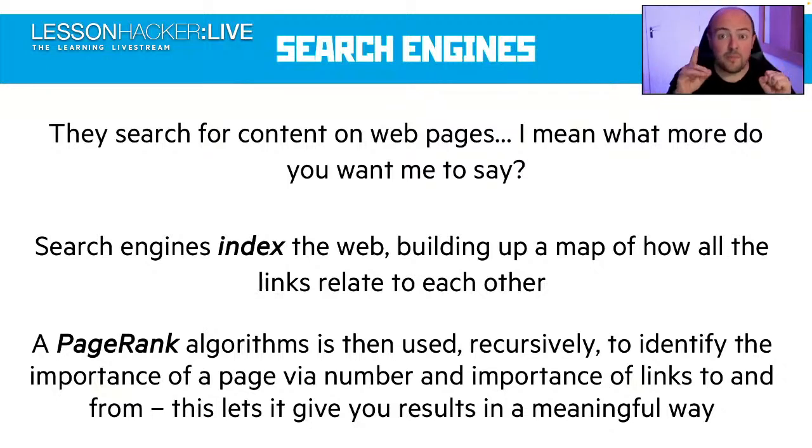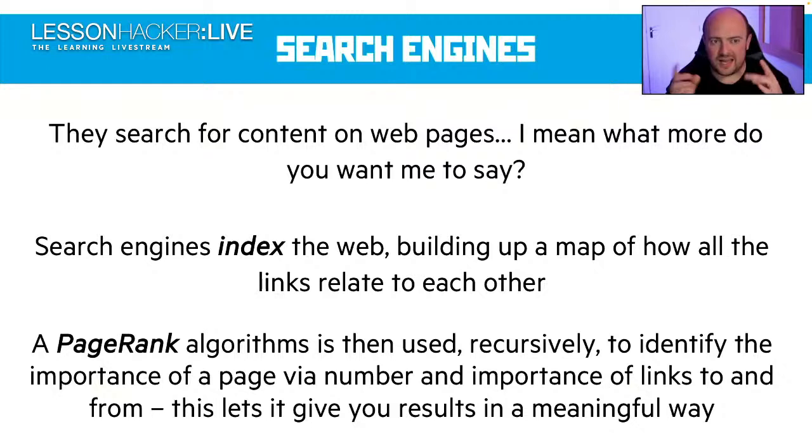And then it uses what we call a page rank algorithm. And what this does is it gives each page a number on how important that is. Okay. And the rank of the page is very much based on how important the pages are linking to you and how important the pages are that you're linking to.